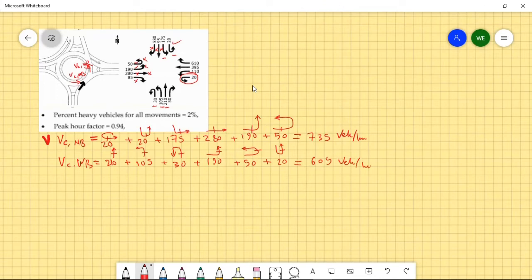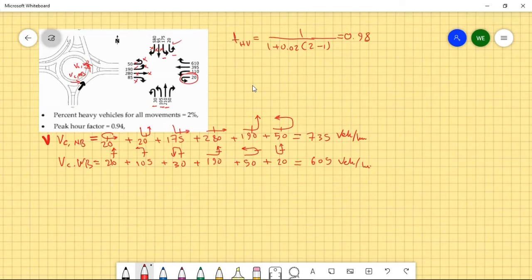Before going further, let's adjust for the peak hour and the heavy vehicle. FHV equals 1 over 1 plus 0.02 multiplied by 2 minus 1, equals 0.98.